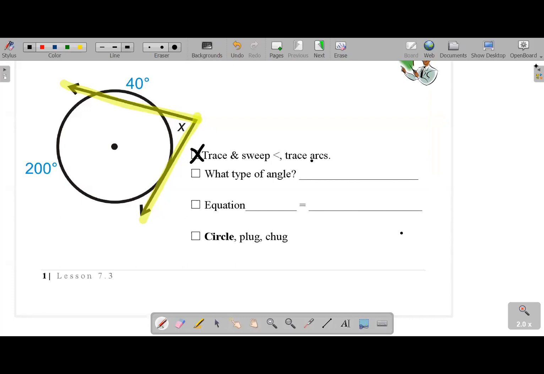Mr. Mazziti, what kind of angle is this? If you don't know, we'll go over it together.